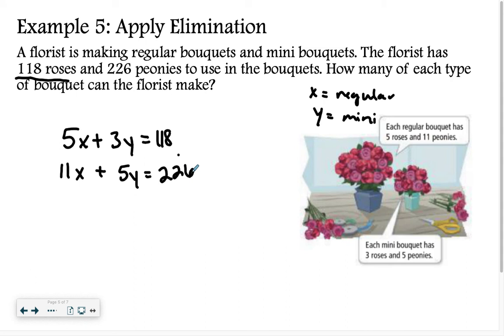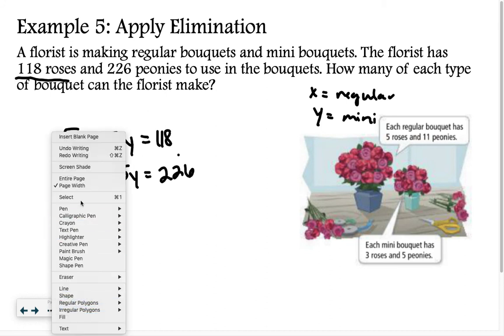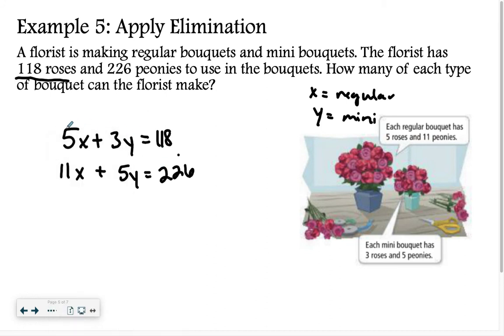And from there, I'm going to solve. And this is just like that last thing I was just kind of showing you, where none of my coefficients are going to go into each other nicely. 5 doesn't go into 11, 11 doesn't go into 5, 3 doesn't go into 5, and 5 doesn't go into 3. So I'm going to have to change both of my equations in order to use elimination. So I'm going to change it so my y's cancel. So I'm going to make it so those are both 15y.